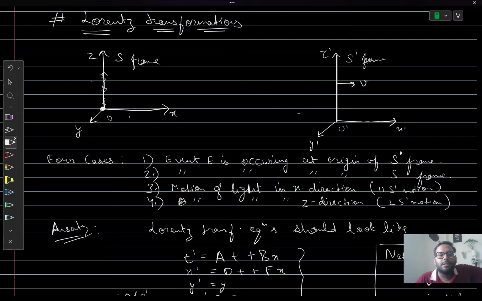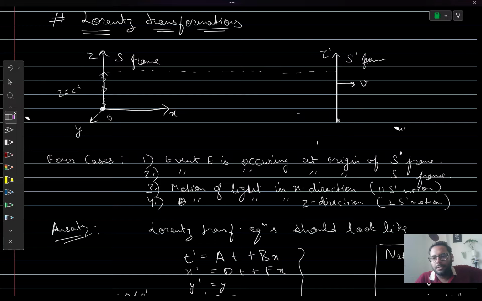So in this z direction, what will be my z coordinate? After some time t, it will be ct, of course, and similarly the height will be the same in the S prime frame. Consider this origin is at the same level as this O prime. Here I have drawn something wrong, but you can consider.